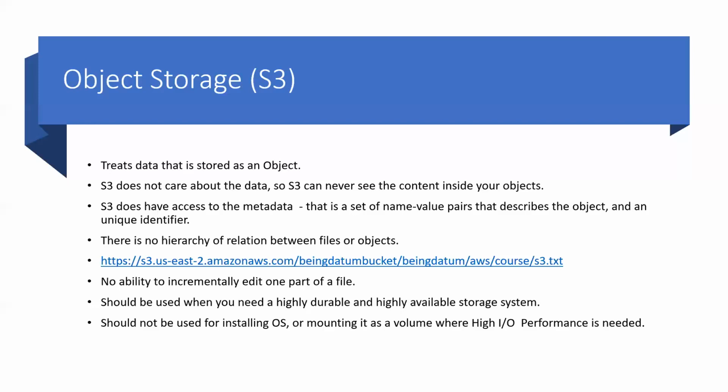Now, S3 does have access to metadata, that is a set of name-value pairs that describes the object, and a unique identifier. It only cares about your metadata, that is your key and value pairs, which could be your name and version ID. So what does this metadata do?